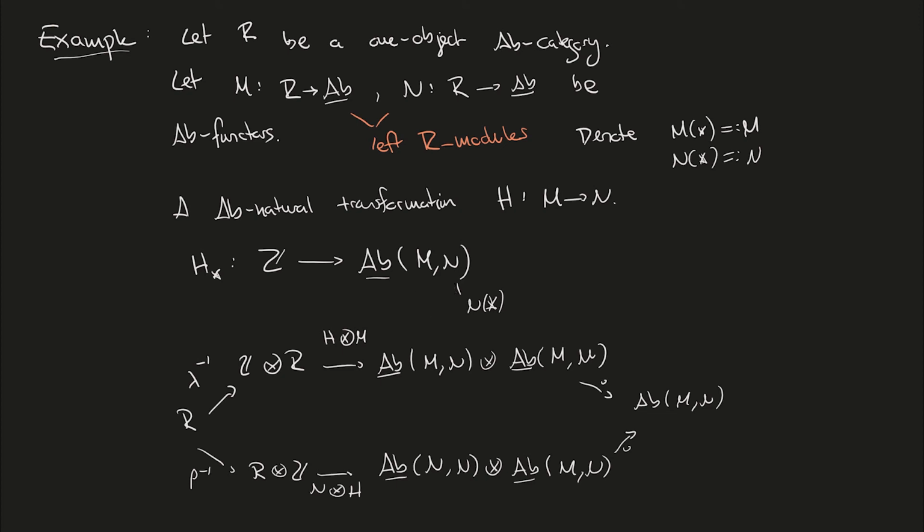Okay, so let's think about what this means. We first observe that this H star is a map in the category of abelian groups, so this is a group homomorphism. Moreover, this group homomorphism is determined by where it maps 1 in the integers, so we'll call this special element h.